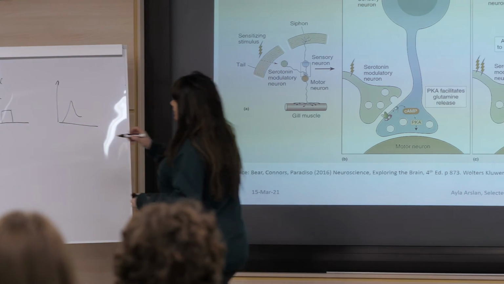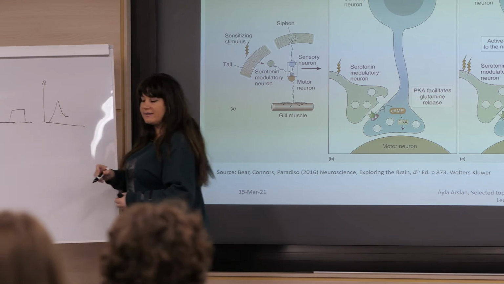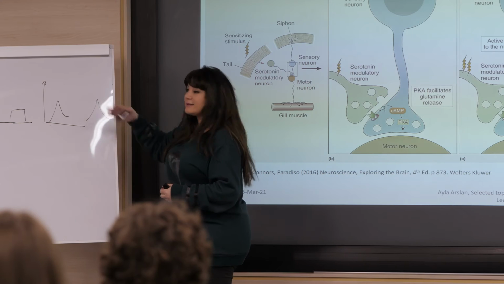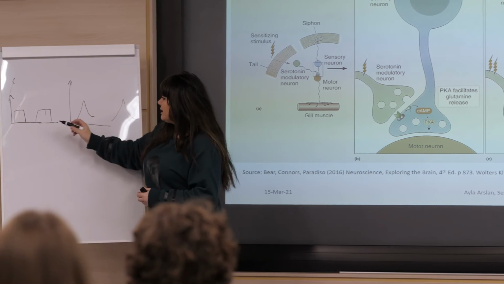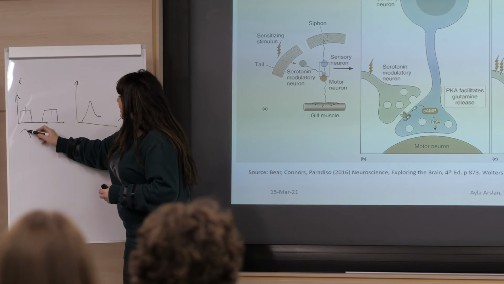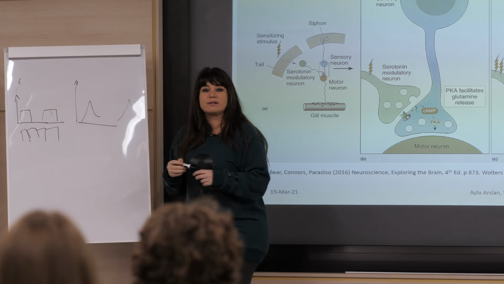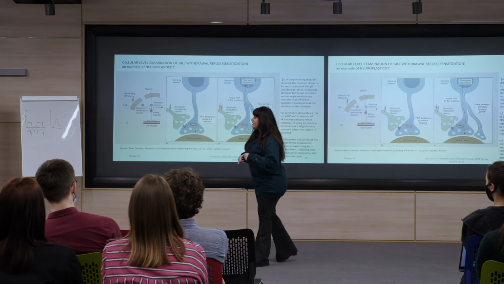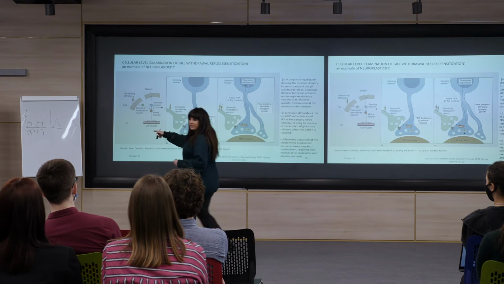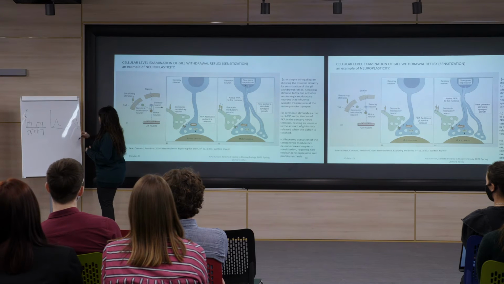Then another current is injected and the neuron responds in the same way. But if the frequency of the stimulation is very, very much higher, given much more frequently, then the response of the neuron as recorded by the recording electrode is not like this anymore, but it is like this.